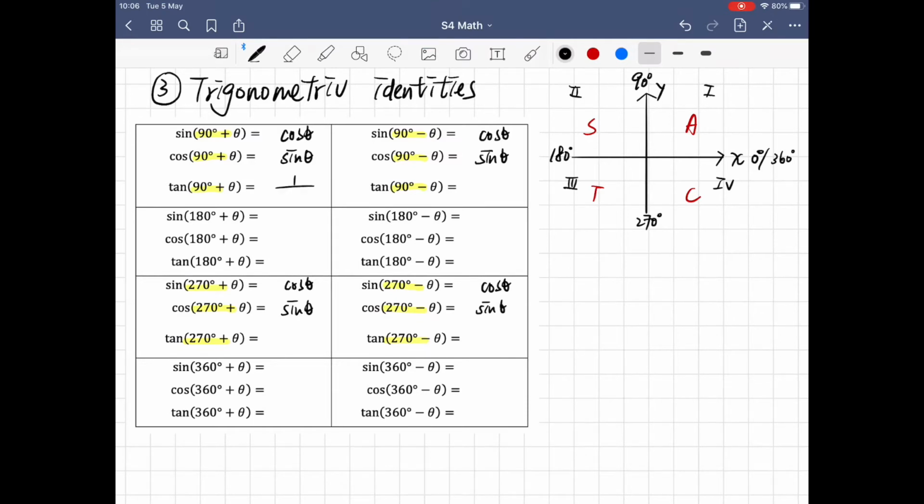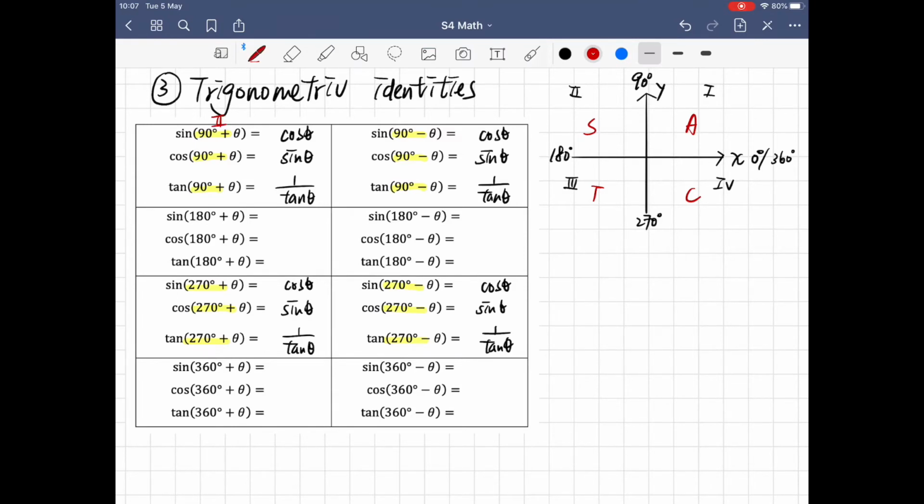And tangent will change into 1 over tangent. Then next, the second step will be we have to consider where does the angle fall. Okay, so for 90° plus theta, it will go to quadrant 2.